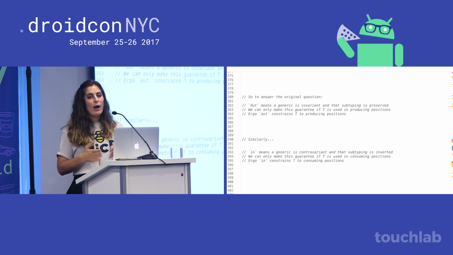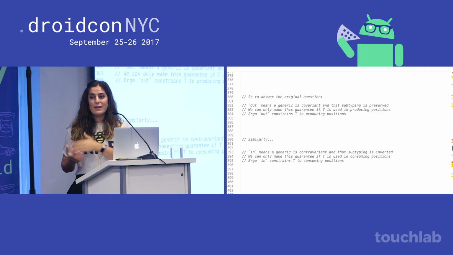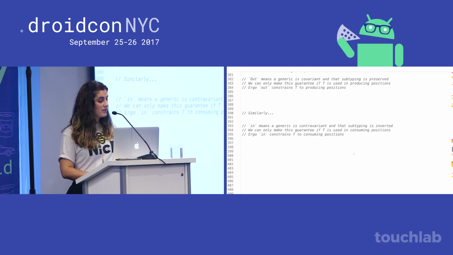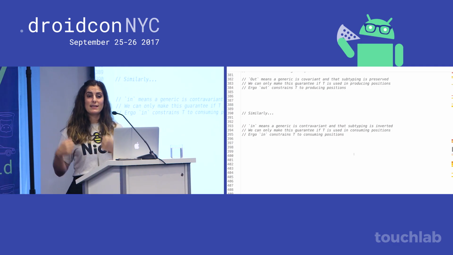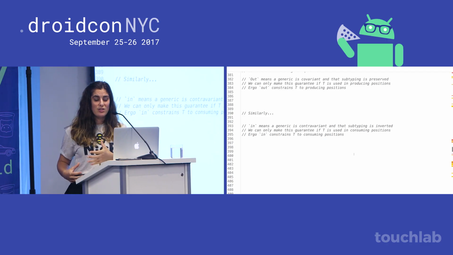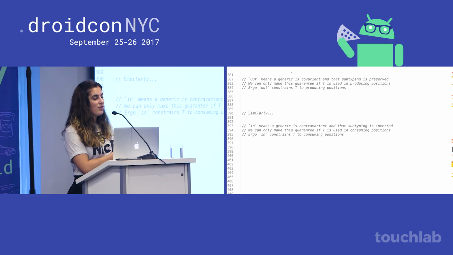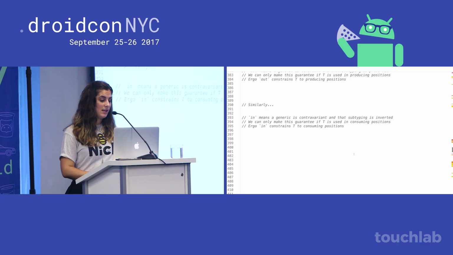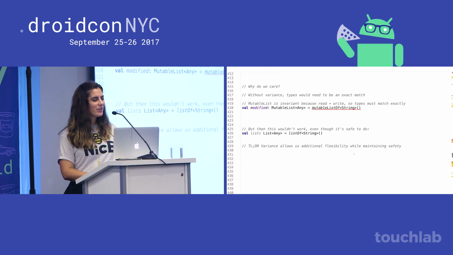So out not only guarantees covariance, it also makes sure that you use it in the right position to fulfill that promise. Similarly, in means that something is contravariant, and to guarantee that, you can only use it in certain situations. So in tells you that the subtyping is inverted, and also where you can use it to guarantee that that works.